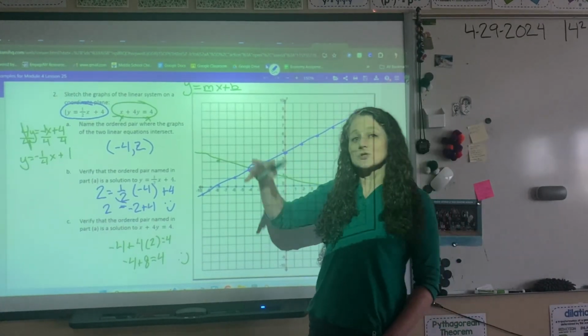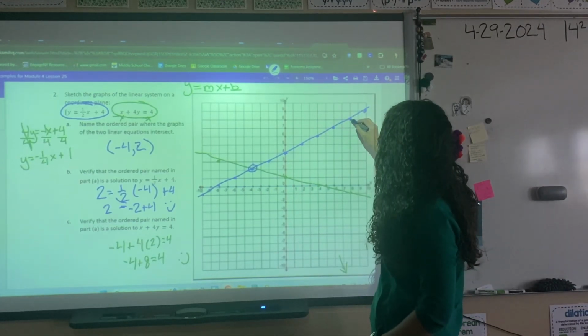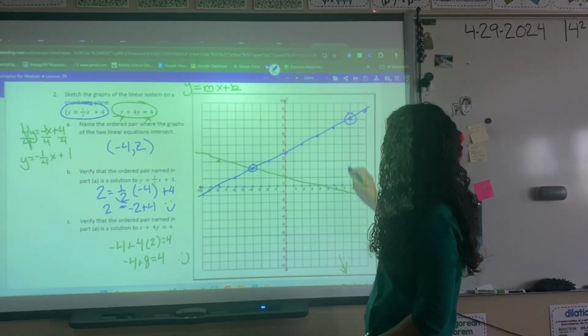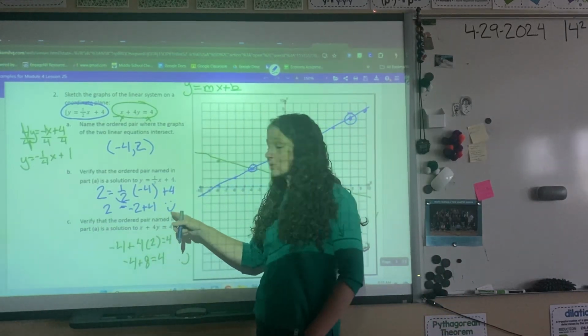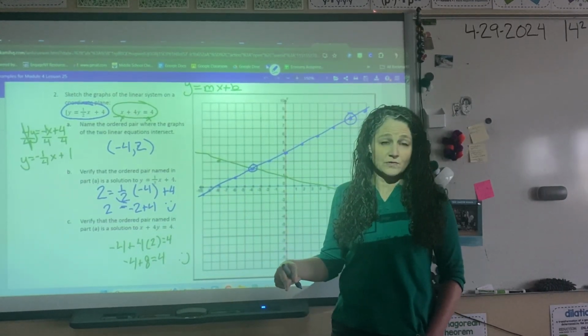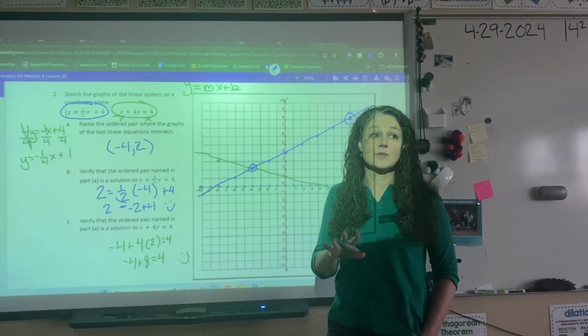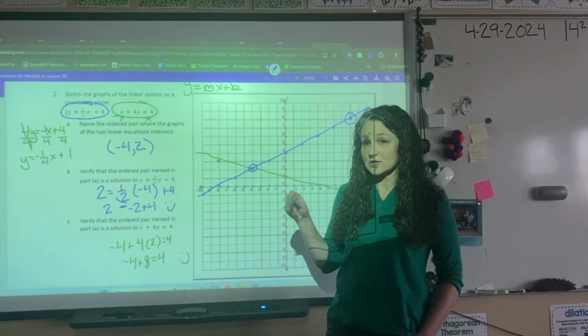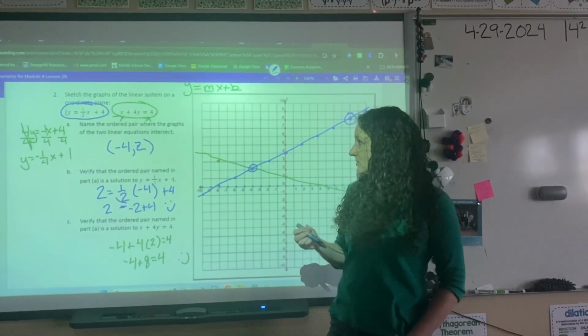And when I substitute those points back in to verify, like let's say it crosses clear up here at this point, 8, 8, it's going to work for one of them. It's not going to work for the one that you graphed wrong. And that will be your clue that you did something wrong. So if when you substitute them in, they don't work, you need to figure out how you graphed it wrong.